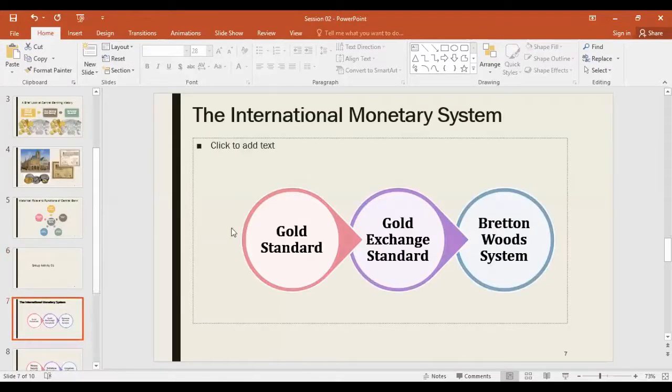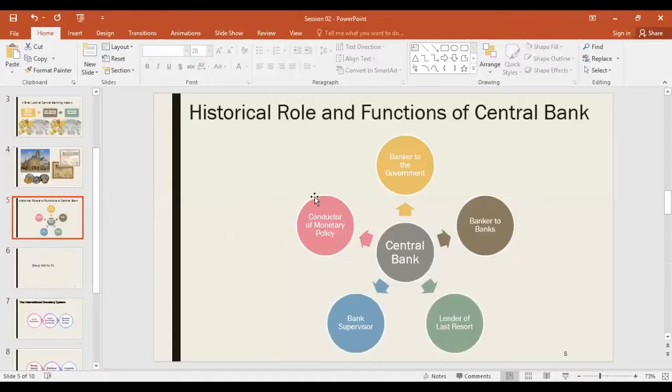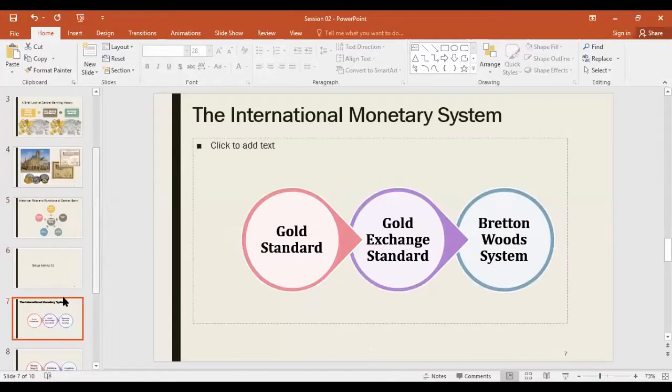now we are going to discuss the international monetary system. Now we told you, if you can remember, the central bank's last function is conducting monetary policy. In that time, the central bank gained a wide reputation around the globe with the wide acceptance of the bank notes issued by them.